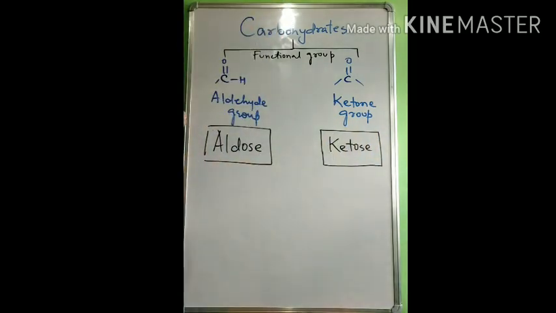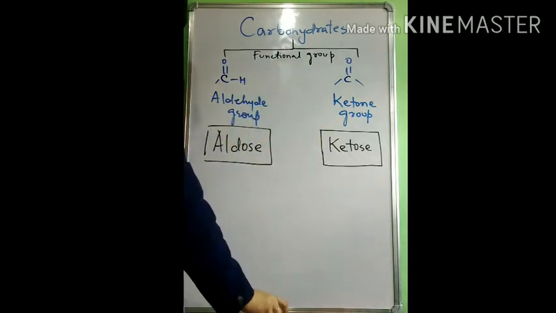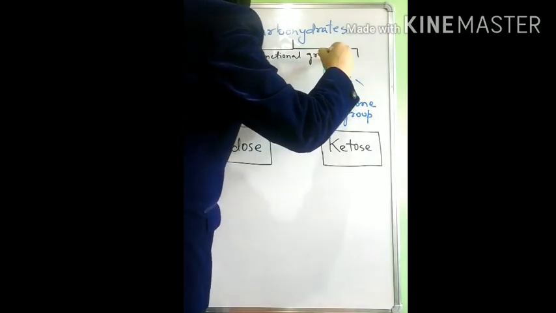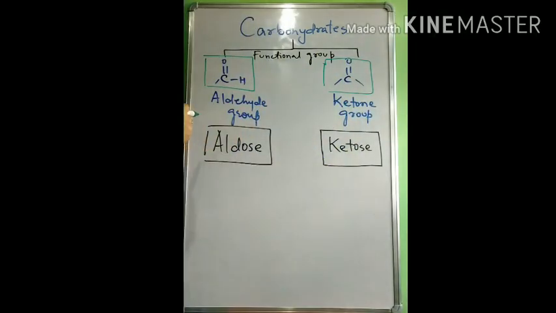So you have two classes of carbohydrates. One are aldoses, another are ketoses, and they differ from each other in terms of the functional group. If you find an aldehydic group, you call them aldose. If you find a ketonic group, you call them a ketose.